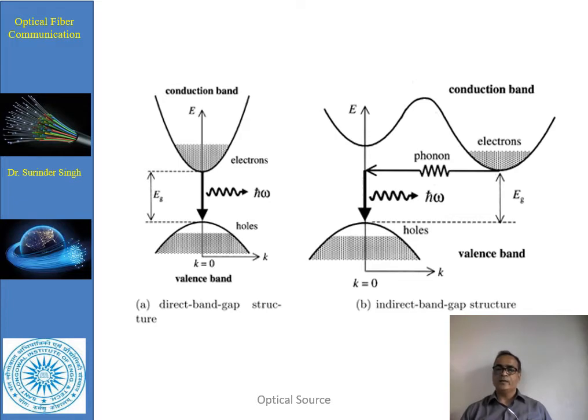So here a third particle is required in order to conserve the momentum. This is called the indirect band gap material.